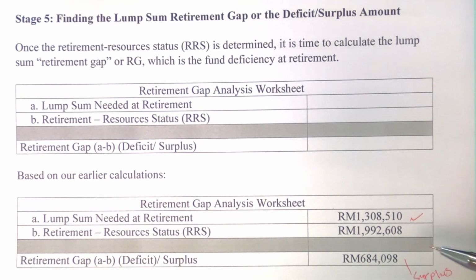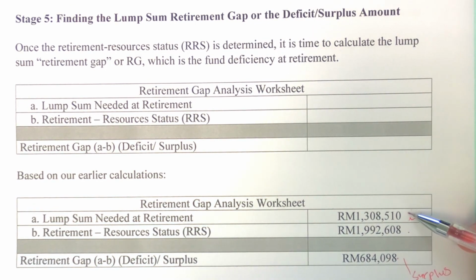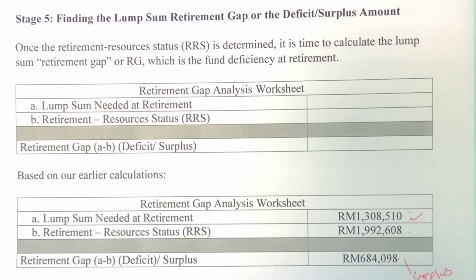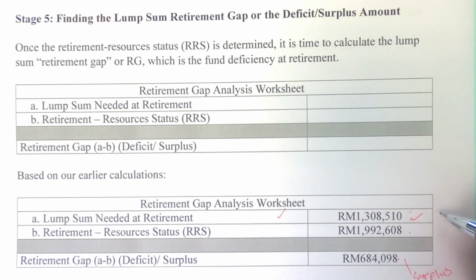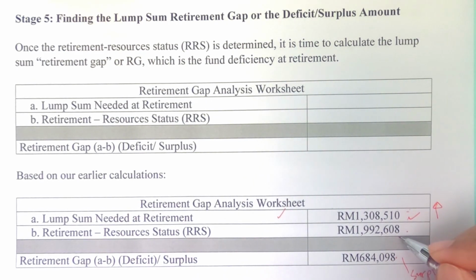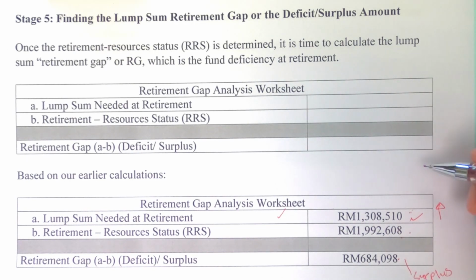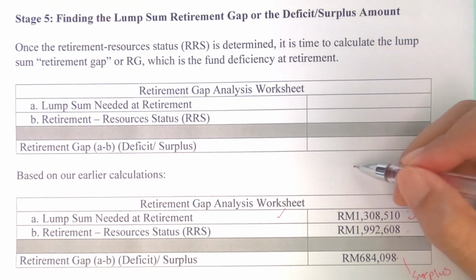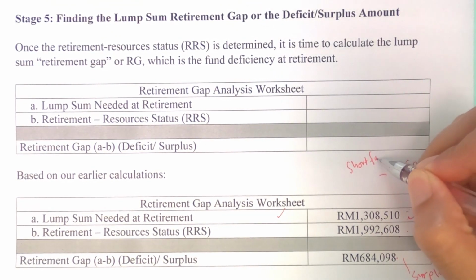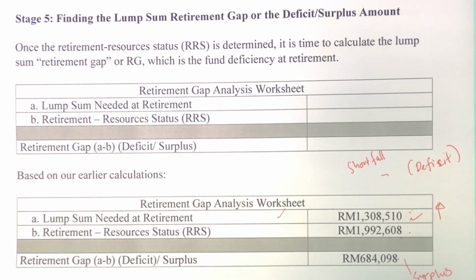In this case, we call it a surplus because the RRS is higher than the lump sum needed at the retirement. Nevertheless, if the lump sum needed is higher than the RRS, then we get what we call a deficit. And this is the deficit or the shortfall that we have to cater.